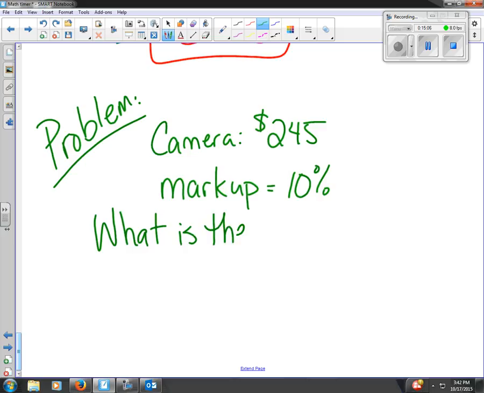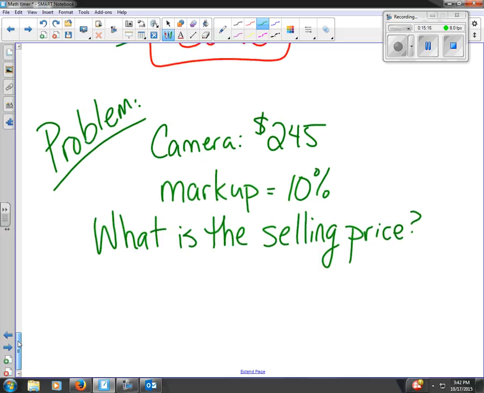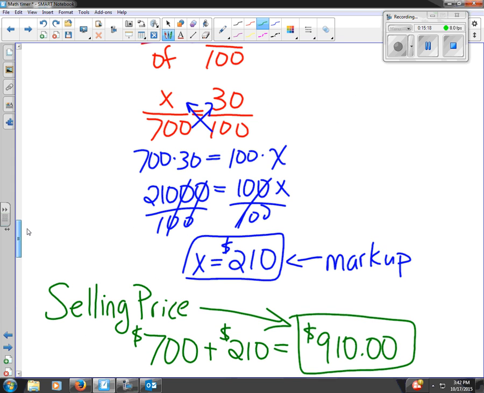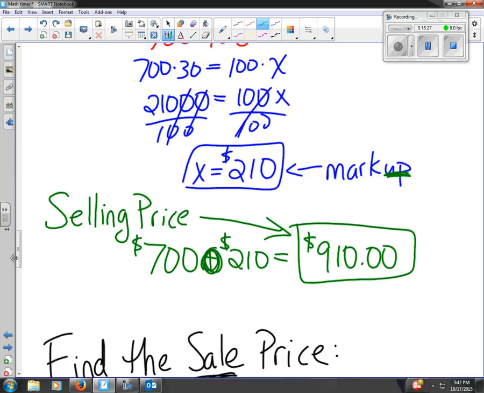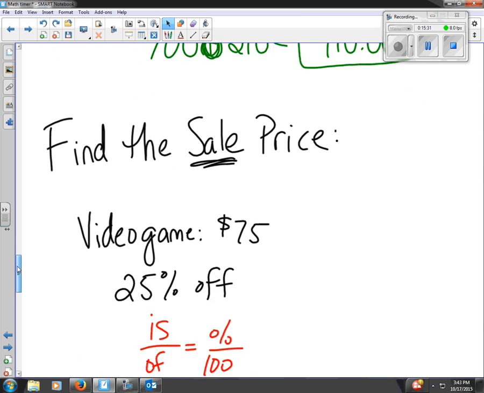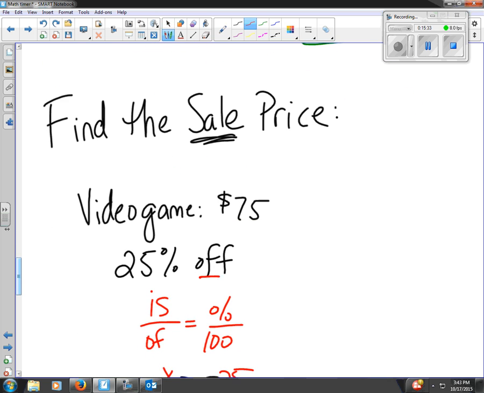Markup means you add that amount. So if you go back to our example up top, here I found the markup, and look, I added. Markup, you go up, you add. The sale price is off.